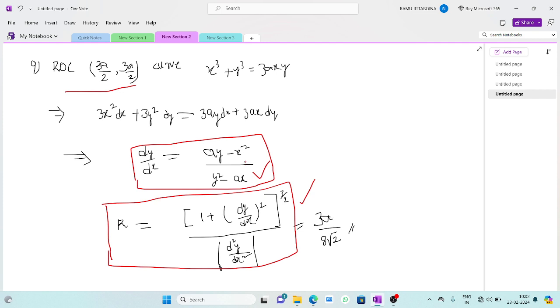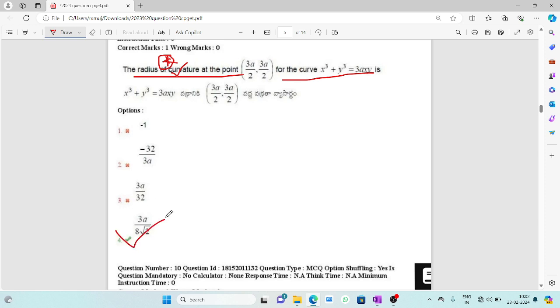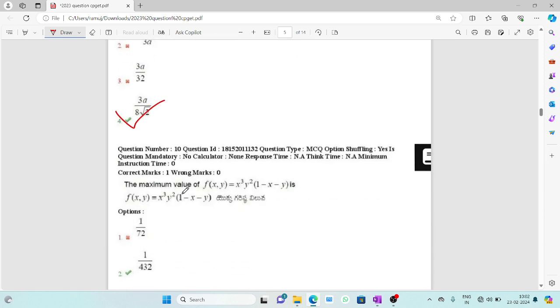You just substitute the values; he already provided the x and y values, so you consider x as this one and y as this one at that point. Just substitute the values in the given formula. You will get 3a divided by 8 root 2. So that is the answer, and the fourth option is the correct one for this question.